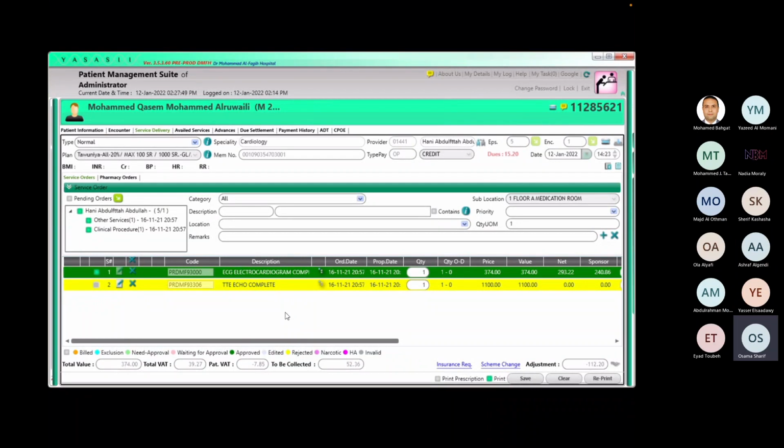Because in the mindset of people, when operations are going on, these colors should be like triggers, right? If I see a yellow line, I should know that this is a rejected item. But this kind of confusion can always create errors, at least in adapting to this. So just keep in mind that it's yellow in the billing screen, but purple in the approval screen. That's one annoying thing.